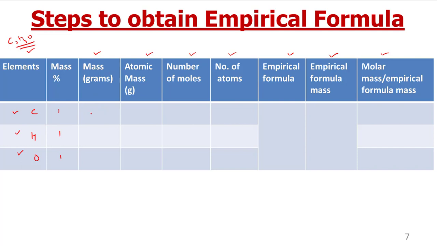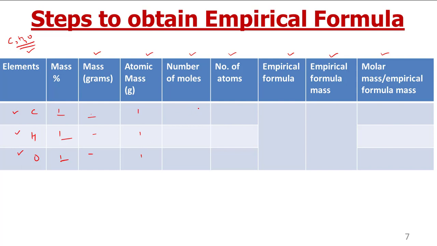So these two numbers will be the same only when we assume the total mass of the compound to be 100 gram, and in calculating empirical formula we assume the total mass of compound to be 100 gram. Then we write the atomic masses of the elements, which we know.